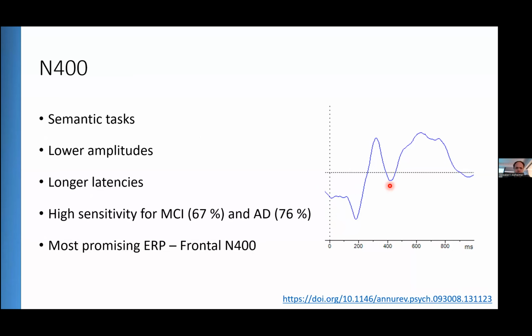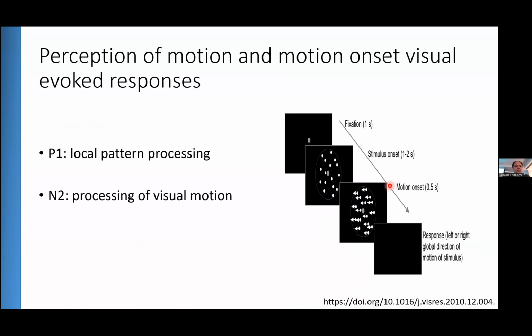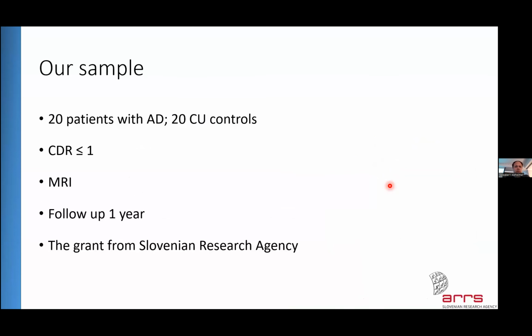And then we have something called the perception of motion, the motion onset visual stimulus. So the patient has to localize and decide where the stimulus is going. This is our sample in our clinical trial, sponsored by the National Grant Research Agency.